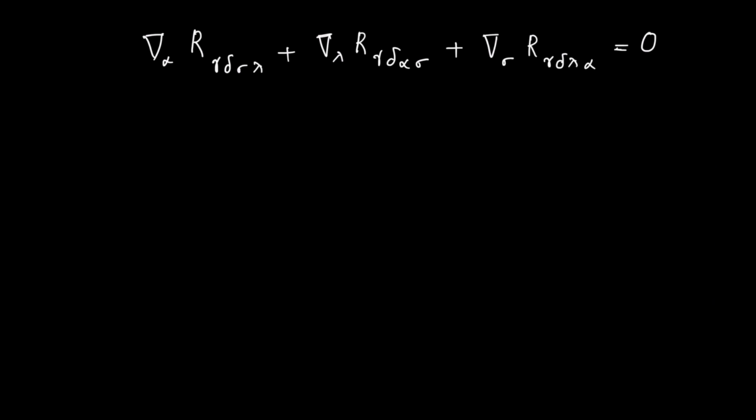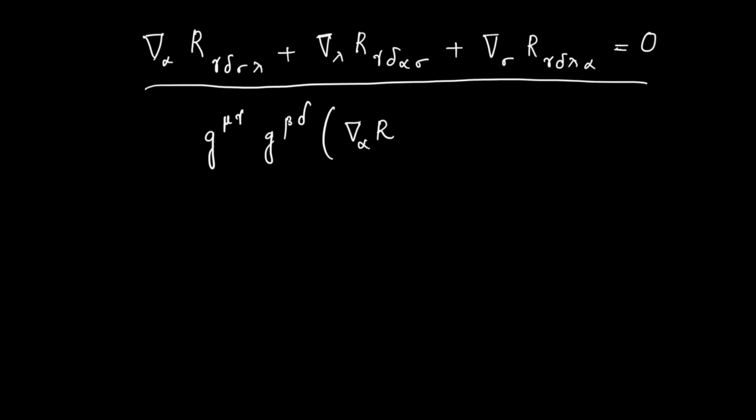Now I will raise the first two indices. How do I raise? I have to do the raising operation. For that, multiply with G mu gamma, G beta delta. So I am going to multiply this entire equation with G mu gamma, G beta delta.